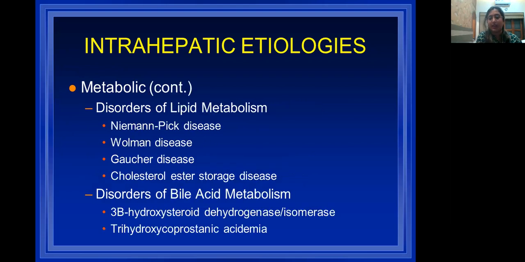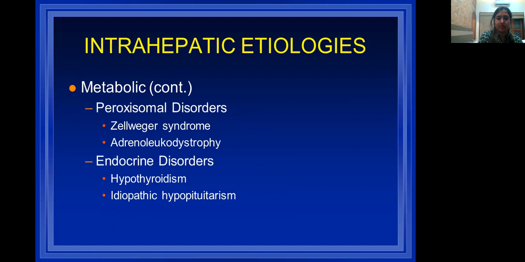Lipid metabolism disorders include Niemann-Pick disease, Wolman disease, Gaucher disease, and cholesterol ester storage disease. Disorders of bile acid metabolism can also be there. Certain peroxisomal disorders like Zellweger syndrome and adrenoleukodystrophy, and endocrine disorders like hypothyroidism, as we have studied, lead to intrahepatic cholestasis.